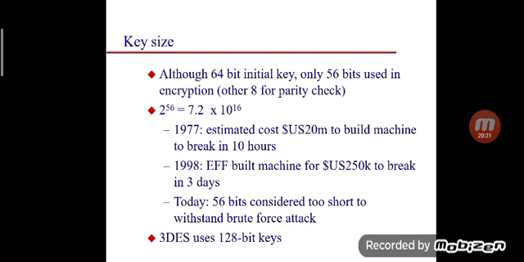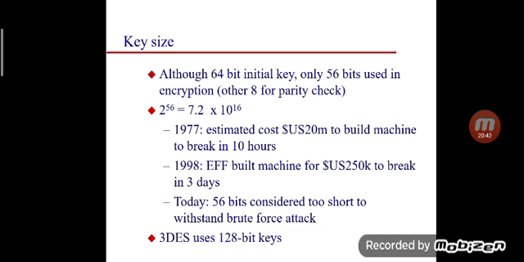In 1997, in order to hack this particular key, the estimated cost was $20 million. To build the particular machine, the approximate cost was 20 million US dollars, and it required 10 hours to decode this particular key.